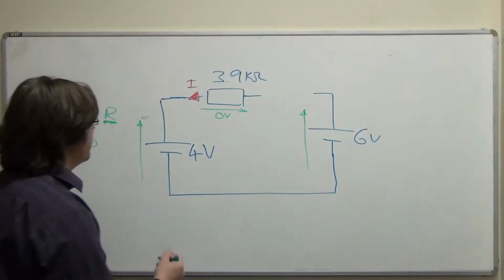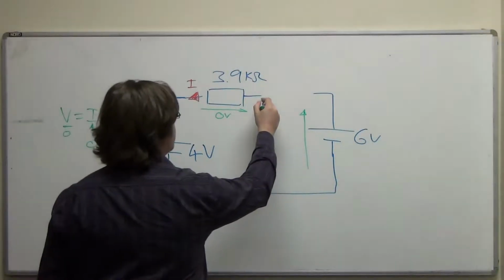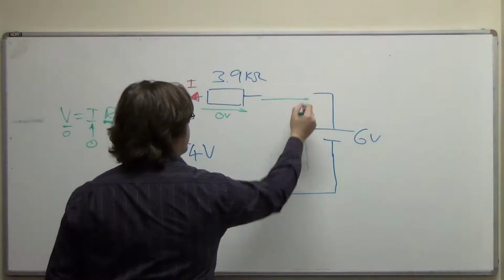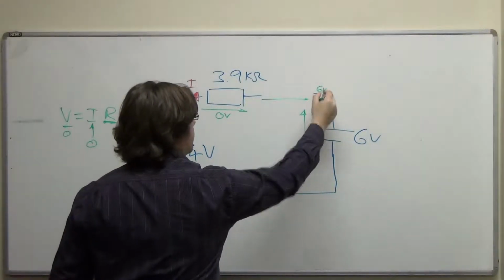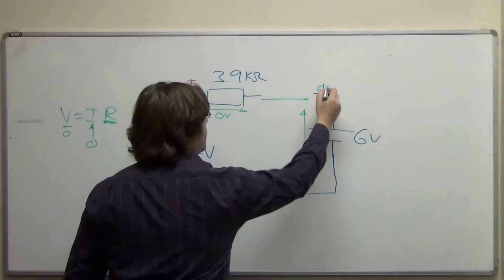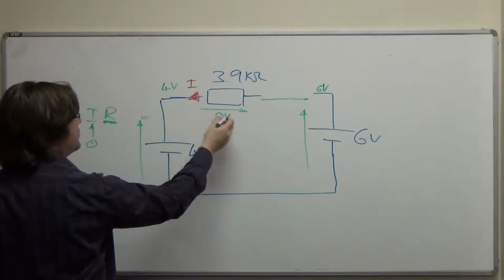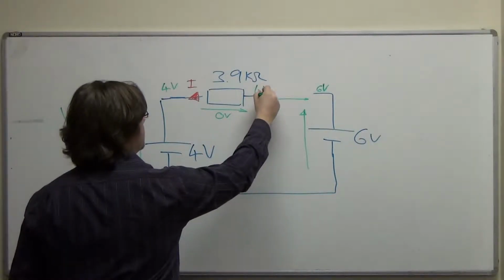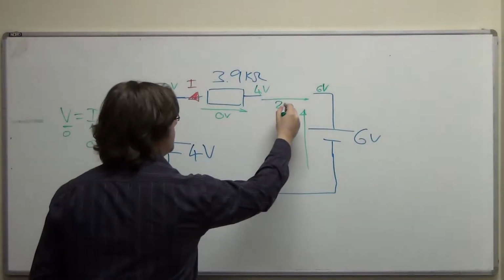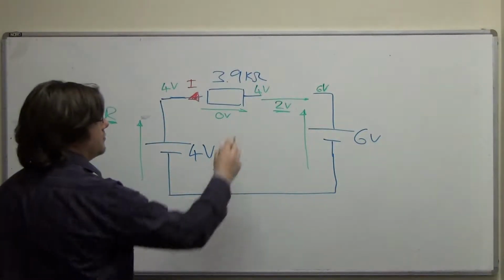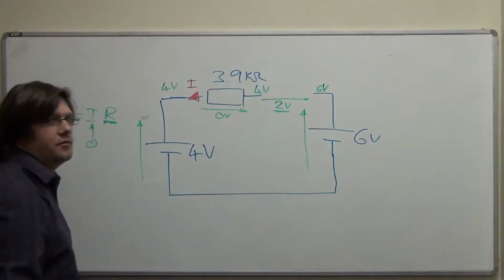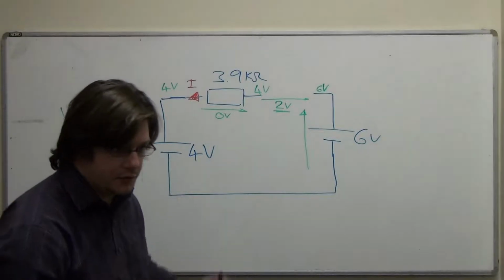Right, so in that case we can work out what the voltage difference is across this gap here. We've got 6 volts on this point, and we've got 4 volts on this point, and there's no extra voltage across there, so this must be 4 volts as well, which means I've got 2 volts there, and that's plus, because 6 is more than 4. As I said, no equations.